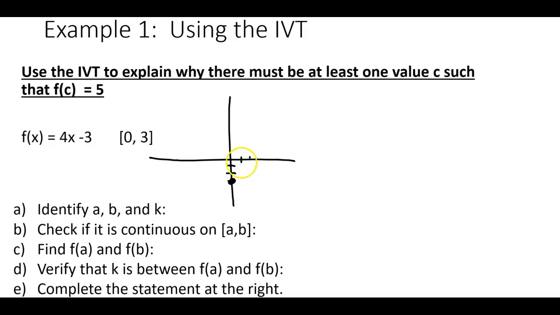And when I plugged in 3 for the x value, I got 9. Now the k value I'm looking at is 5. If I connect this point to this point and my function's continuous, do I have to cross it at least once? The answer is yes. Therefore, we know for a fact there has to be some x value, which I'm going to call c, such that when I plug c into my function, I get a y value equal to k, in this case 5.